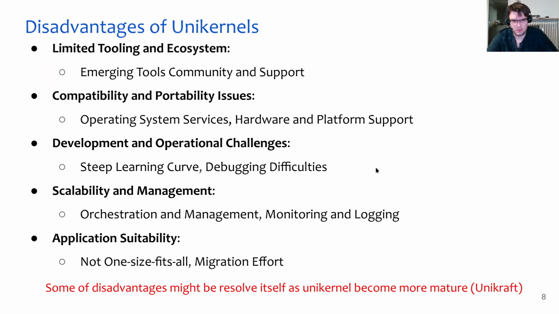Unikernels are often optimized for a specific type of application, so there's no one size fits all. So you may have to choose different unikernels for different types of applications. And there's also some migration effort because the APIs of normal operating systems might be different from these unikernels, so they need to be adapted.